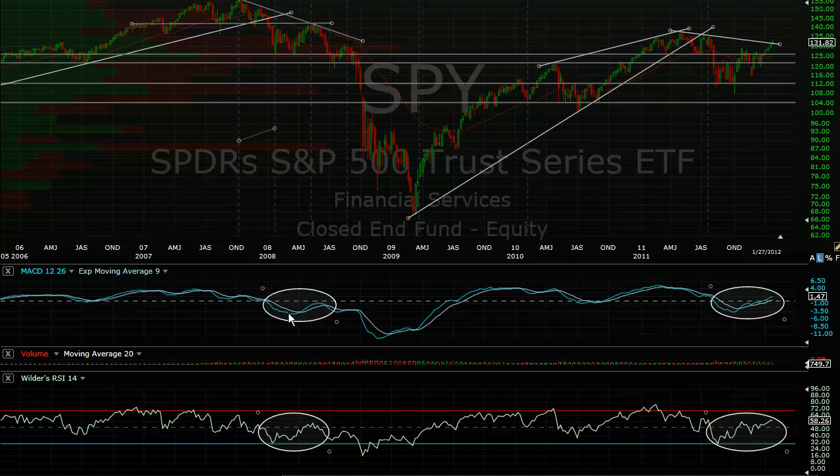And right here, what I wanted to note in the circle is very similar posture on the MACD, both after the top in the market back in 2007 into that first push up to retest the trend line in May of '08. And notice how we failed here at the zero line.